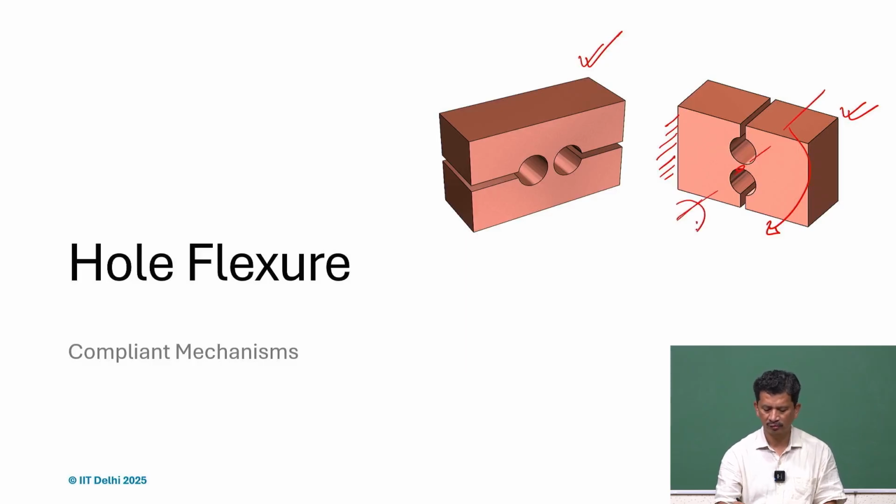So it can rotate, and it's widely used in precision machines because it can give us adjustment, and any small deviations we can easily correct using these kinds of features. Since we create this kind of flexure using holes, generally it's referred to as hole flexures.